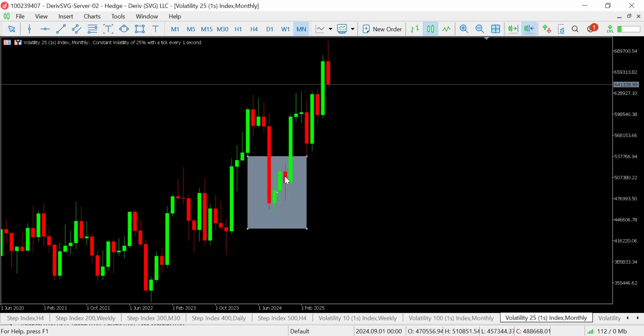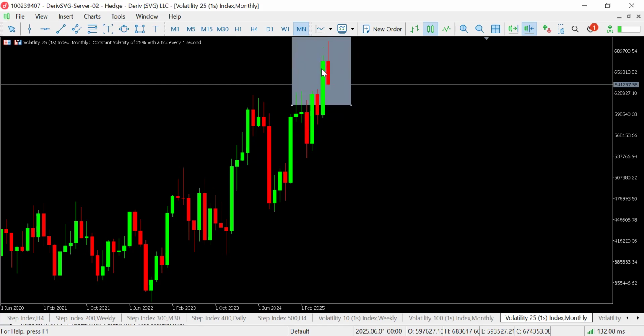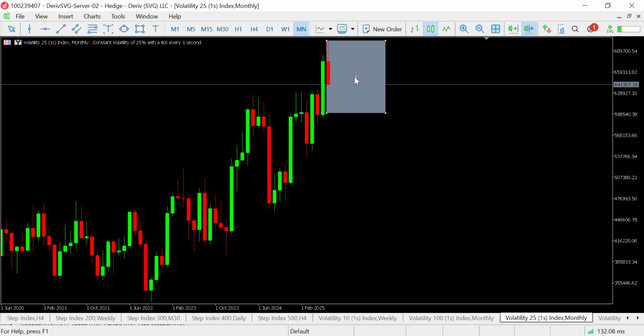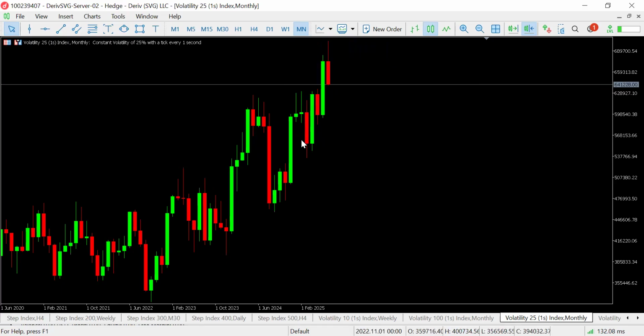It's currently just made a high, however, from the last candle that we can see on our chart, you can see that this is a big bearish candle, which would be an indication of a retracement. So the basic information from the monthly time frame is that the Volatility 25 (1s) index is in an uptrend, but with a retracement currently coming downwards.